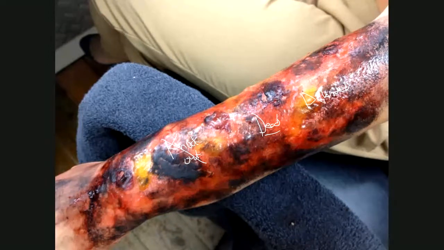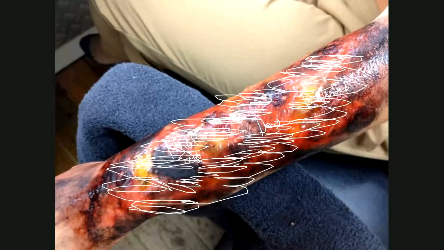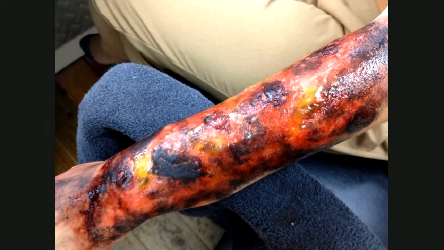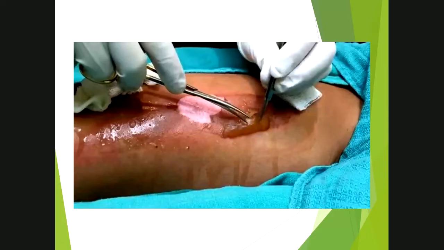So they put you in a bathtub and use a stiff brush and just scrape all this away. And so you would hear people just screaming at the top of their lungs until they passed out from the pain if you went to a burn ward. Fortunately, we don't do it that way anymore, but it still has to be debrided. And so we knock the person out and then we take the tissue off.